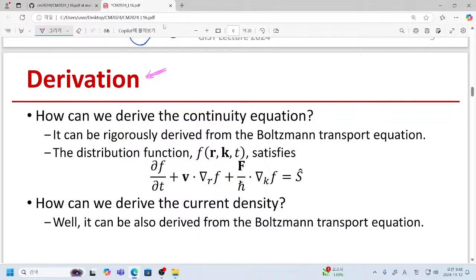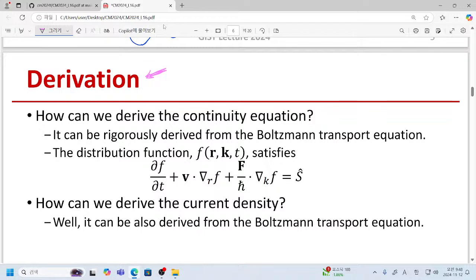Although I showed you a certain analogy to a population system or road system, all of my arguments for using the continuity equation were not rigorous. I was just making an analogy to another physical system that can be expressed in the same form.